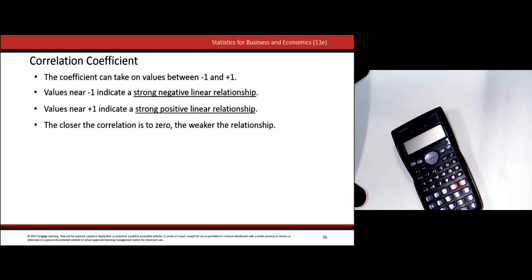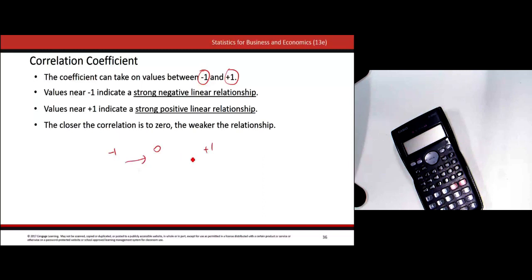Covariance can take any numeric value, but the correlation coefficient can take on values only between -1 and +1. Values near -1 indicate a strong negative linear relationship, and values near +1 indicate a strong positive linear relationship.